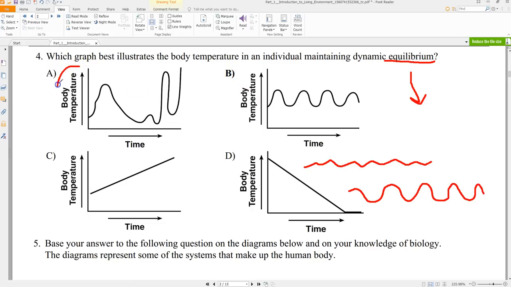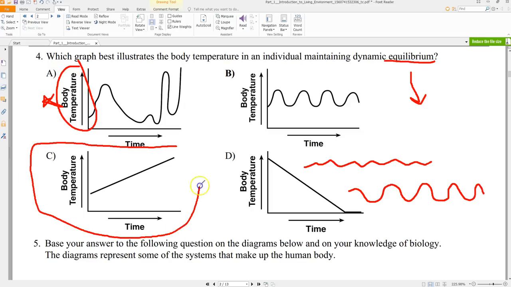This one is using body temperature as an example. Whenever you see these kinds of diagrams, this is a graph. And if you remember math, we have different quadrants: quadrant 1, quadrant 2, quadrant 3, and quadrant 4. We work in quadrant 1 in living environment.